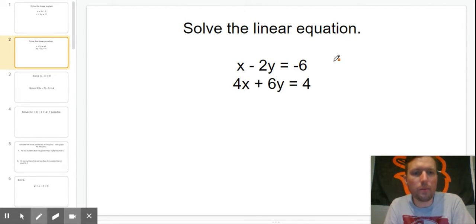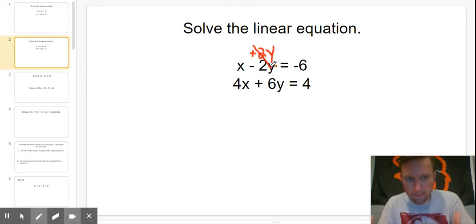I'm just going to rearrange this equation to solve for it. If I want to get x by itself, what would I do? Since I'm taking away 2y, I would add 2y to both sides of the equation. Negative 2y plus 2y gives me 0. If I do it to one side of the equation, I need to do it to the other side.